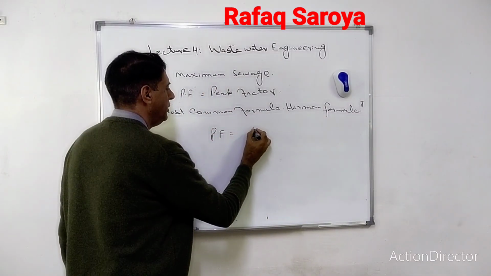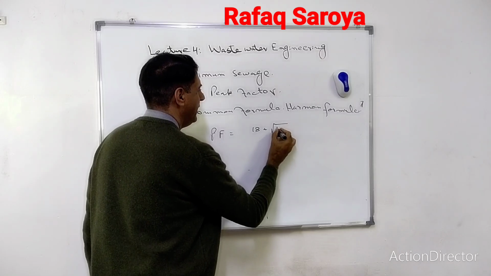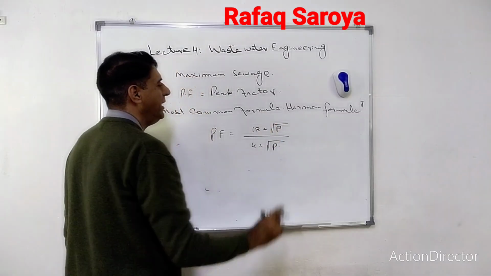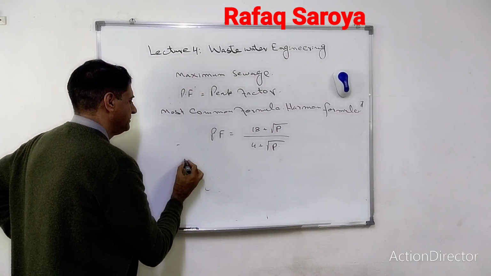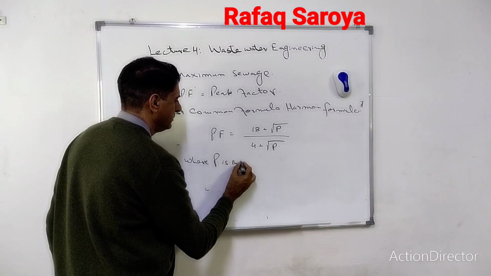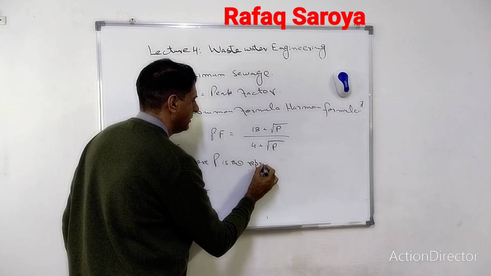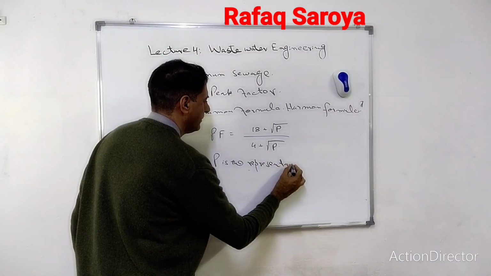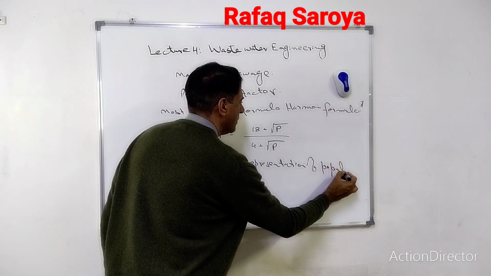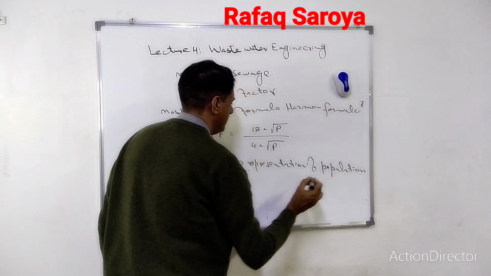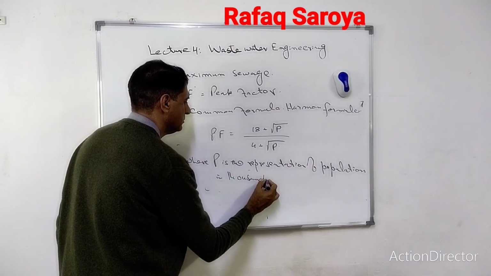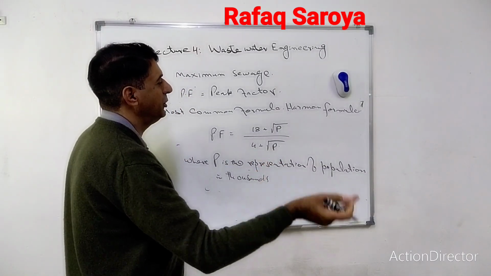PF is equal to 18 plus radical sign of P over 4 plus radical sign of P, where P represents the population in thousands. 1,000, 2,000, 3,000, and 4,000.